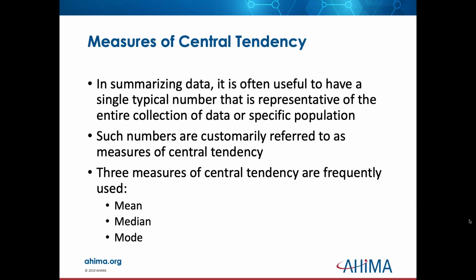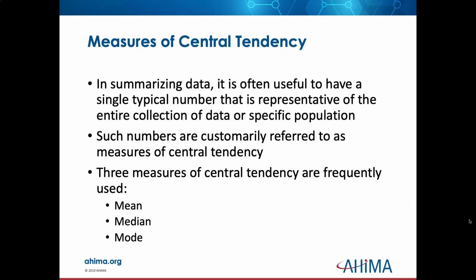All right, measures of central tendency. If you're following along in the book, we have now moved on to page 176. In summarizing data, it's often useful to have a single typical number that is representative of the entire collection of data or the specific population. These numbers are customarily referred to as measures of central tendency.